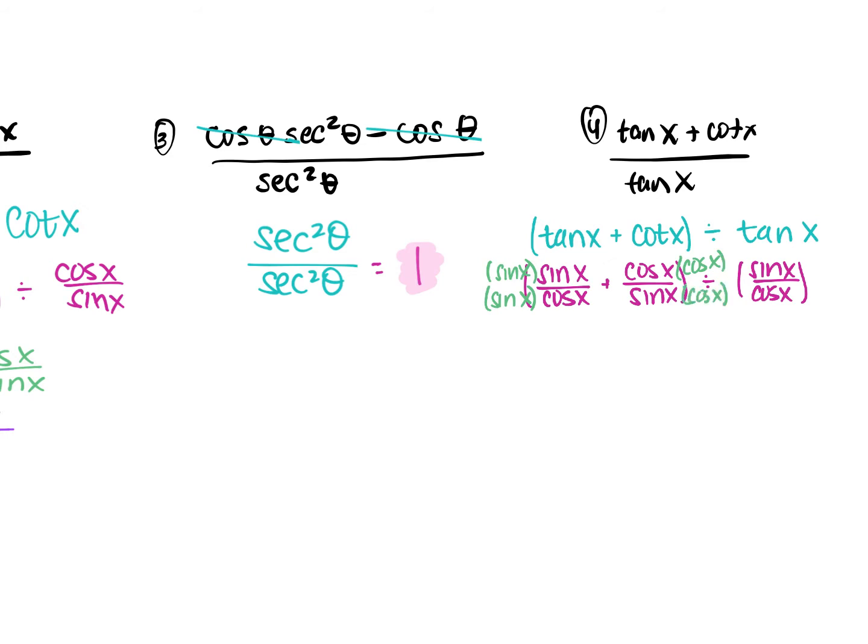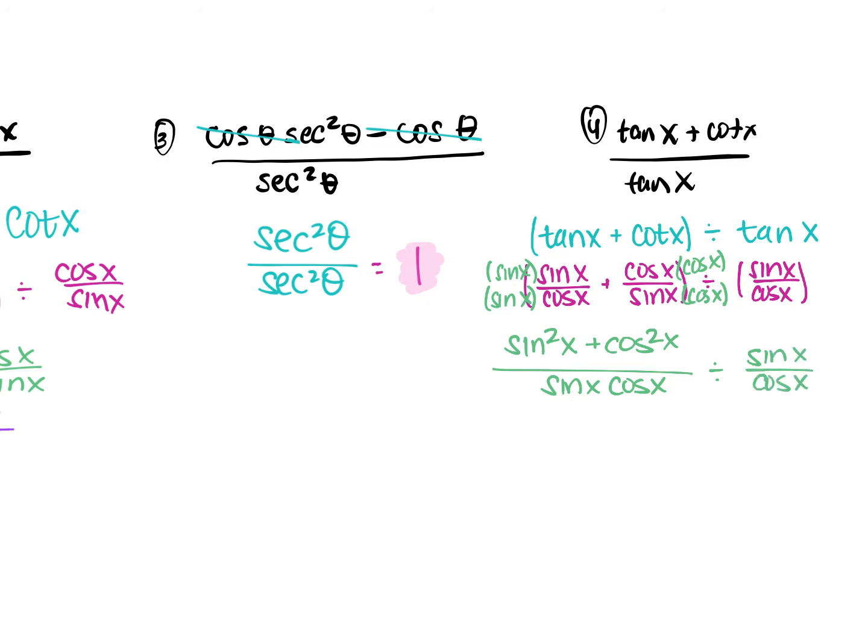Because again, when adding and subtracting fractions, you need like denominators in order to combine those two fractions. So this is going to give you sine squared x plus cosine squared x all over sine x times cosine x, divided by sine x over cosine x.